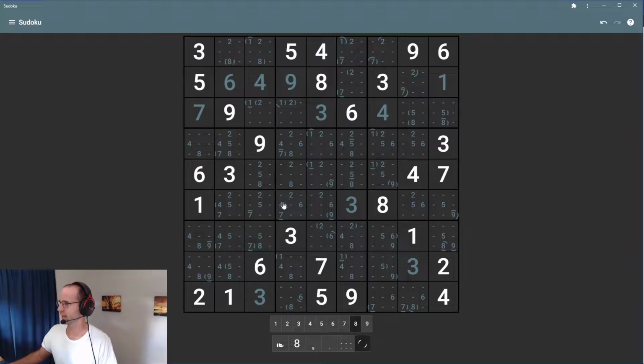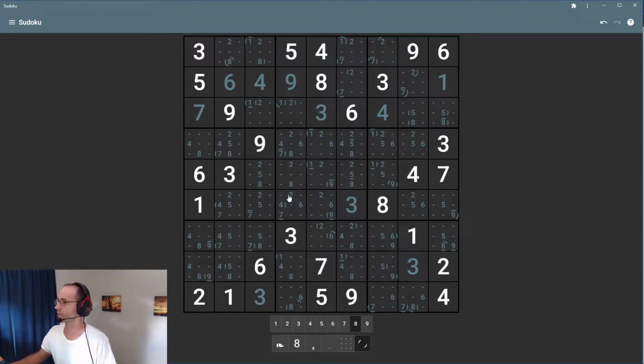If we could say it's not a 4, we'd know it is a 7. It'd be great if we could say this is the 4. We know this is a 4, which gives us a strong link on these two.